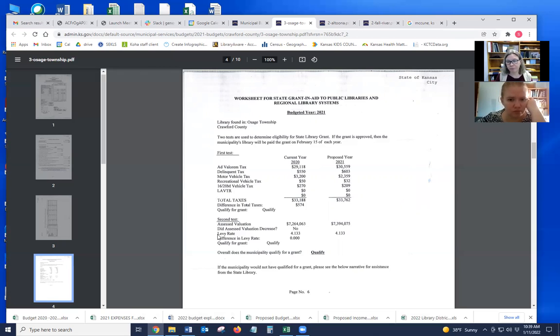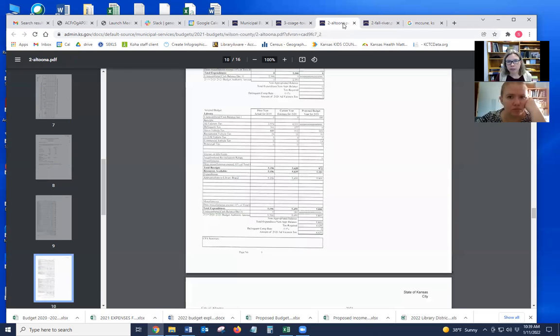That's great that you guys can keep your mill rate exactly the same, but because the assessed valuations went from 7.2 million to 7.3 million from 2020 to 2021, you get more money. You get more dollars for that same 4.133 mill rate. So kudos.